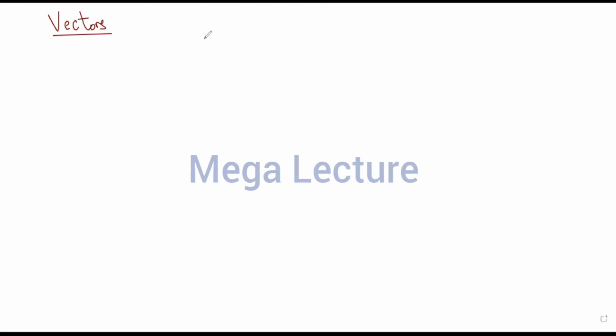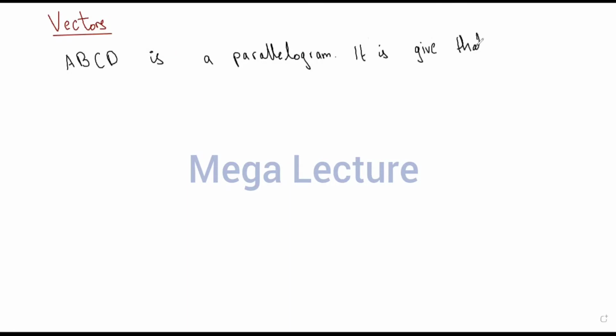So it says ABCD is a parallelogram. It is given that AB is 7, 0, and BC is -3, 4.